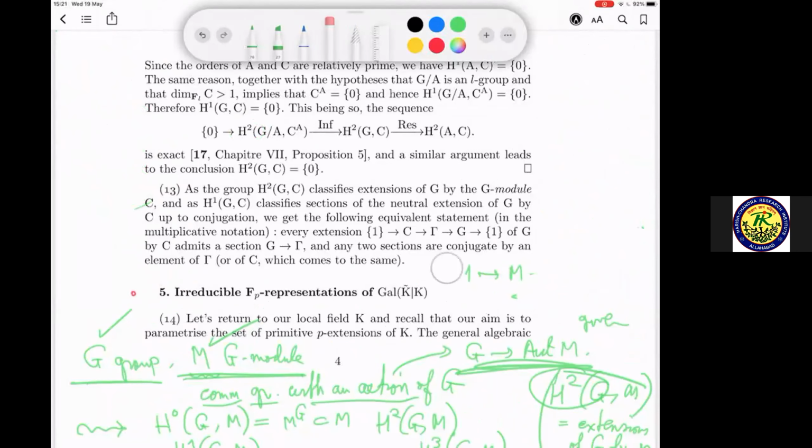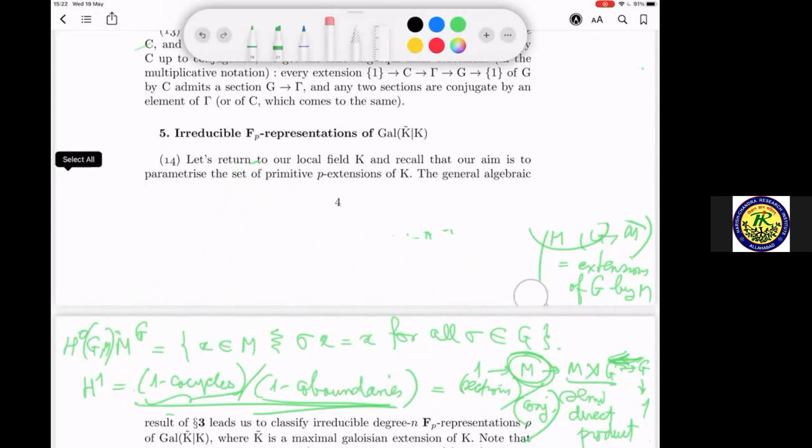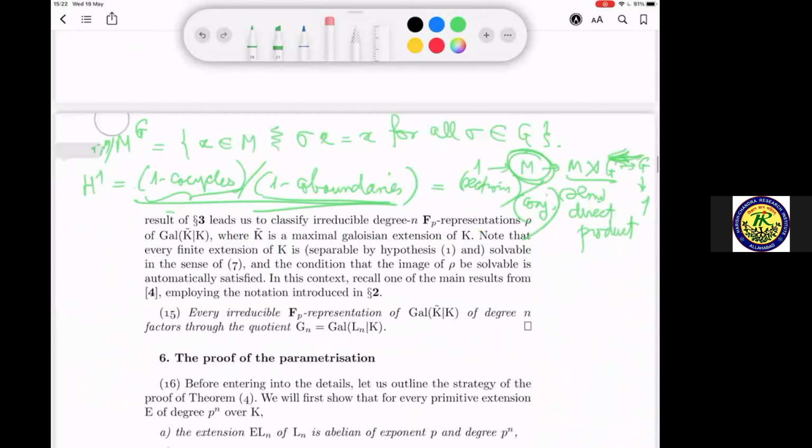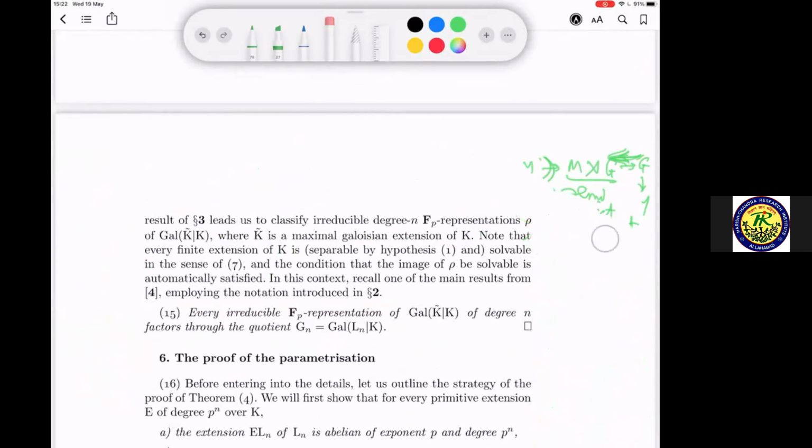Now, of course, I've already given you one extension of G by M, which is a semi-direct product. And this semi-direct product is actually the neutral element, or the trivial element, of the group H2. So if the group H2 vanishes, then every extension is isomorphic to the semi-direct product, and therefore it has a section.